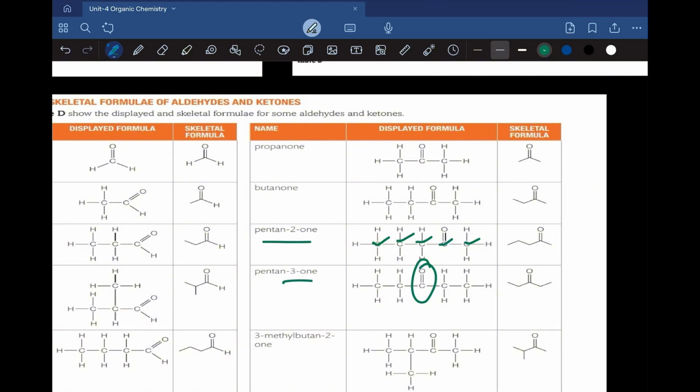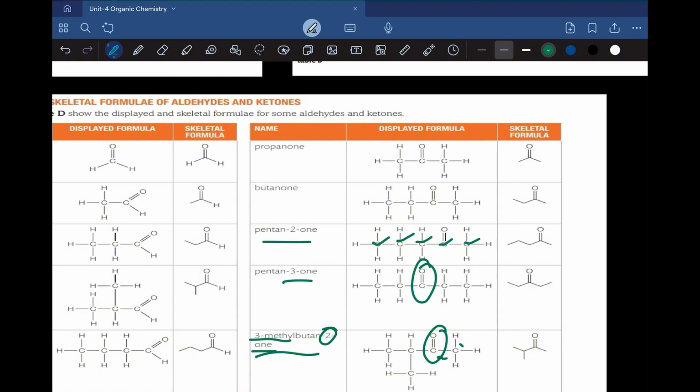That's why it's 3-one. And regarding 3-methylbutan-2-one, you can see in the straight chain there are only 4 carbon atoms. That's why we have named it butane. And this CO group is on the second carbon atom, that's why we have said butan-2-one.